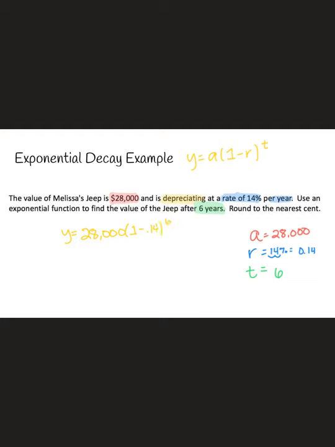We get our answer and we want to round it to the nearest cent. Again, so it's going to be 2 decimal places. And once you put that in your calculator, it's going to be $11,327.88, and that unit is dollars.